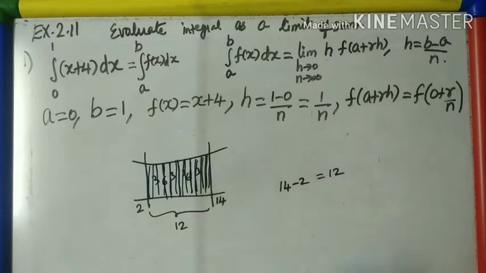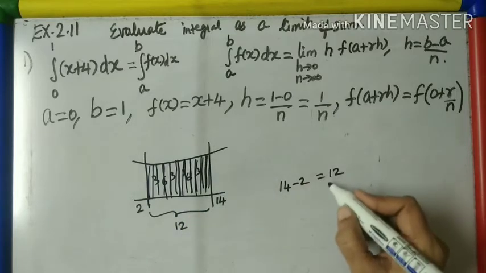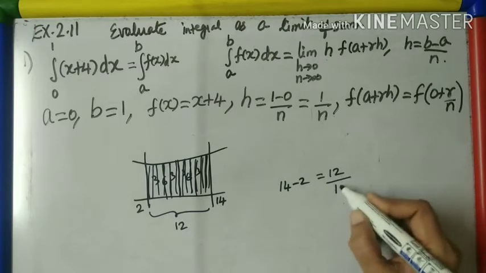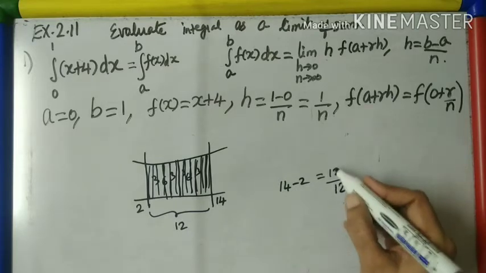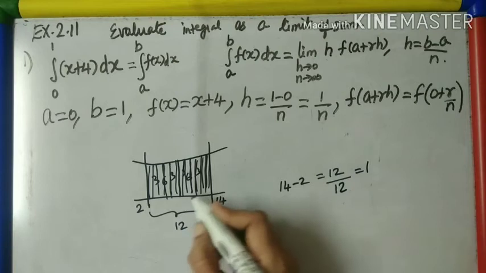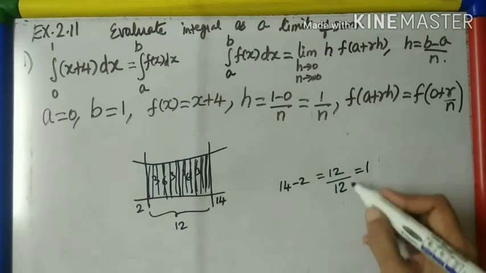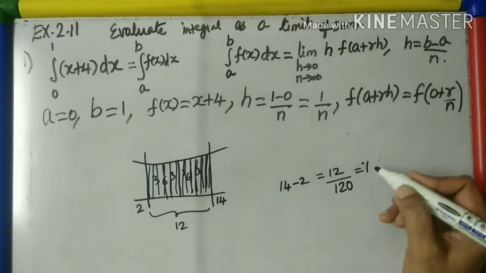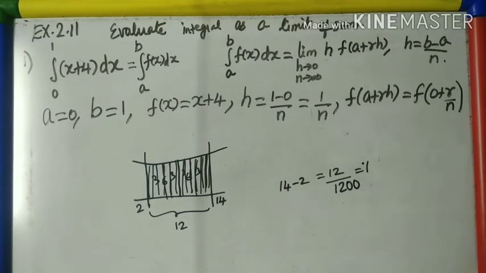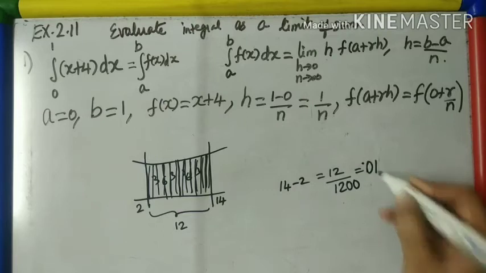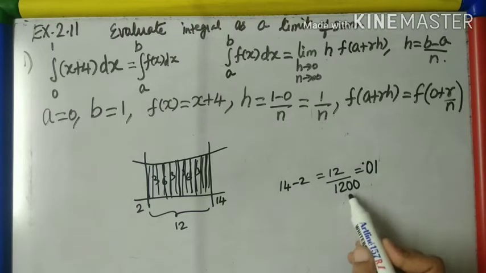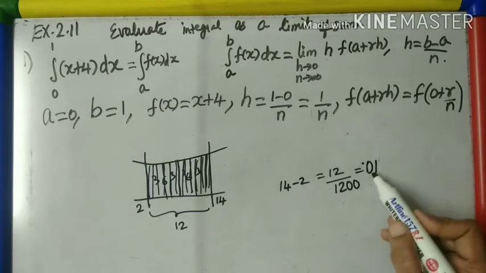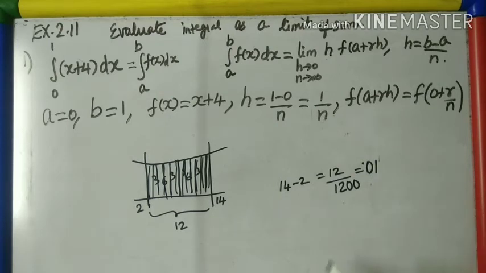And if I divide by 48, 64, so as I keep on increasing the denominator, when it is 12 by 12, each distance I will call 1. When it is 12 by 120, my answer is 0.1. And when it is 12 by 1200, my answer is 0.01. So as I increase the denominator, my answer is almost 0.